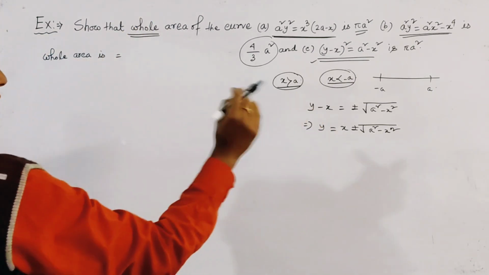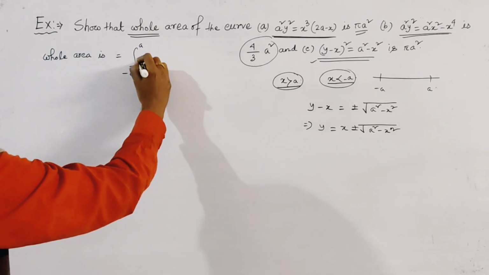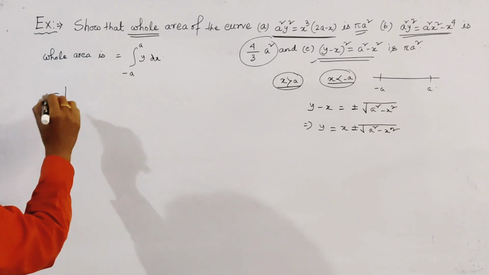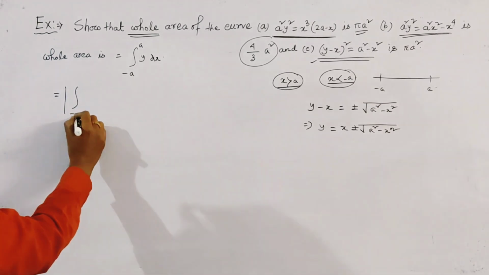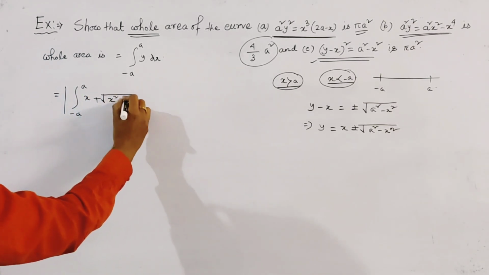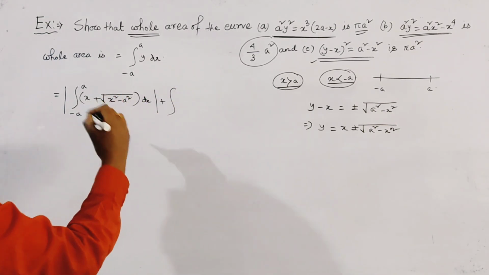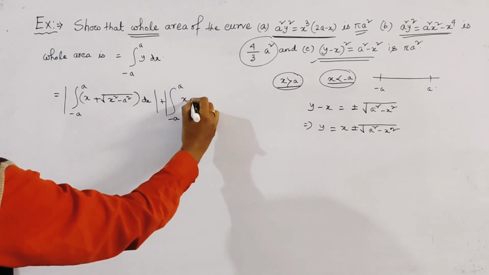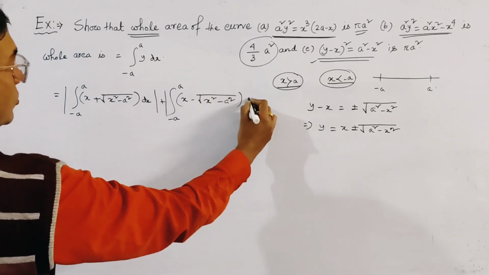The area of the curve is given by integration from minus a to a of y dx. In the first line we give a modulus sign, and the first integration is from minus a to a of x plus root under a square minus x square dx, and the second integration, also in modulus sign, is from minus a to a of x minus root under a square minus x square dx.